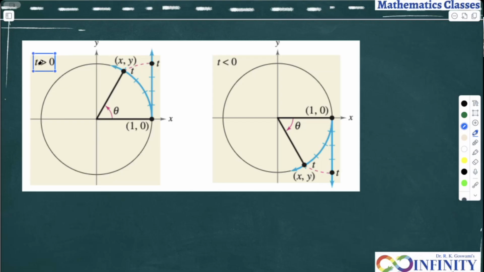This is t bigger than 0. So what you will do, you will just consider this t to be on the circle. T is representing the angle, remember this time. When it is positive, you will be having positive direction of measurement. And when t is negative, you will be having negative direction of measurement. Any doubt there? Okay.